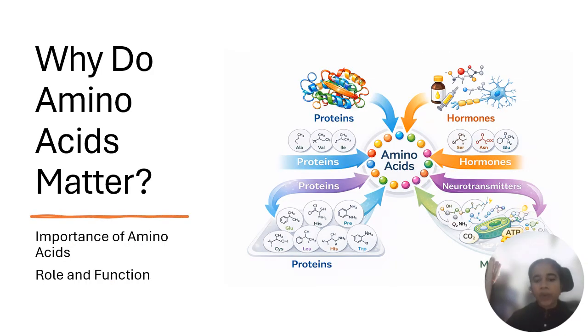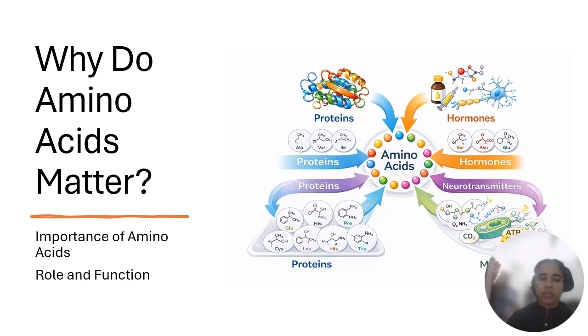So now the big question is: why are amino acids so important for life? Because amino acids are not just the building blocks of proteins. They are involved in almost every aspect of biological processes. First, they join together and form proteins, which perform most of the cellular functions. Secondly, amino acids act as precursors for numerous hormones.